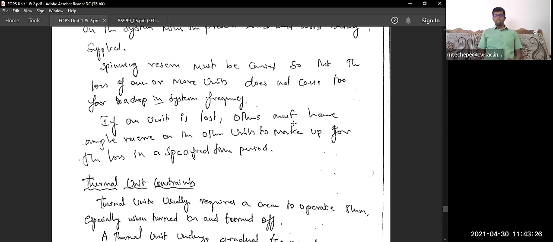If one unit is lost, the other units must have ample reserve to make up for the loss in a specified time period, only for a very small period of time. Why? Because we run the spinning reserve generating unit only in the substation, and sometimes in the generating units also.